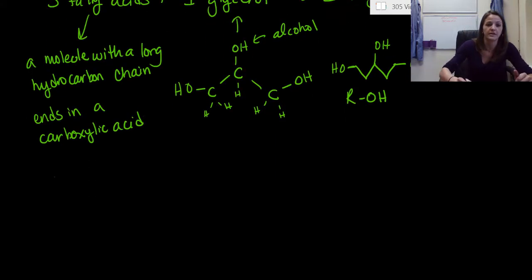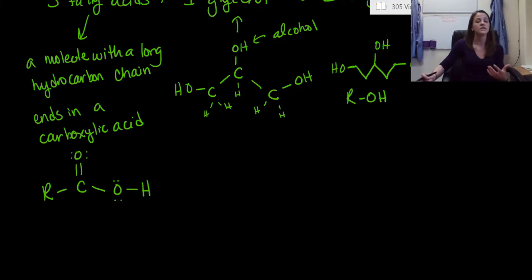Okay, so here's our third group. So let's identify a carboxylic acid first. So we've got R, so generic chemistry, attached to a carbon. This is the important part. Carbon doubly bonded to an oxygen, single bond to an oxygen, that oxygen is attached to a hydrogen. So a carboxylic acid and an ester should appear very, very similar. The only difference is in a carboxylic acid, you have this OH component. In an ester, it's OC, okay, an O attached to a carbon.